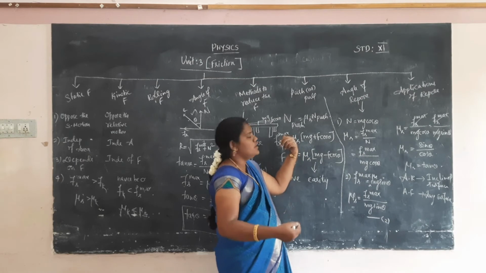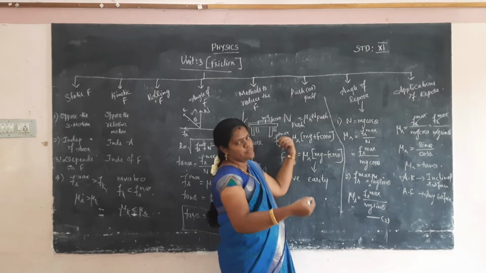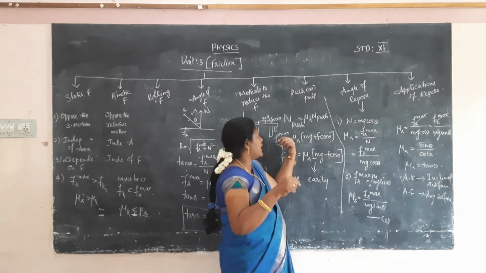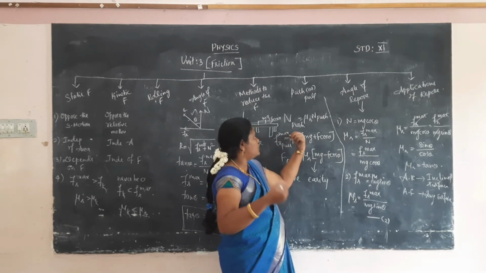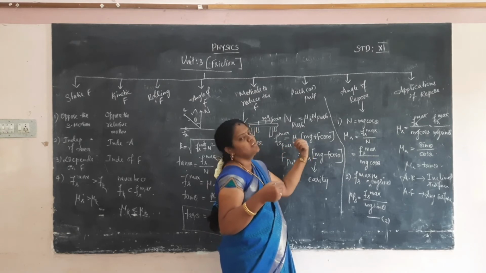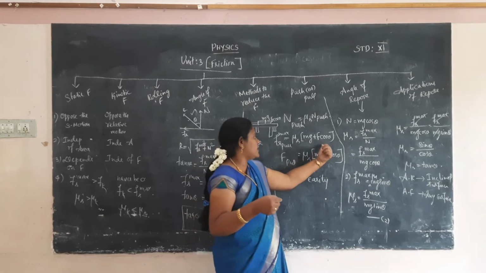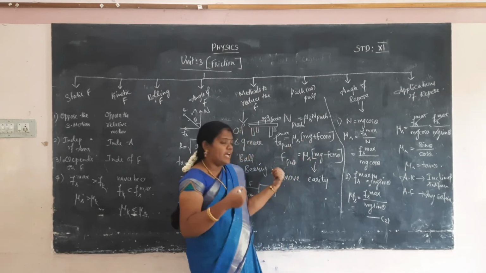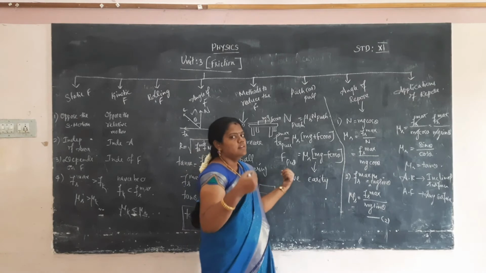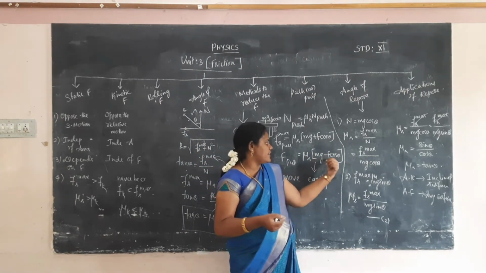For pushing, we apply force on the object, and the normal force will be equal to the weight plus the vertical component of force, that is mu s into (mg plus F cos theta). And when pulling an object, the static friction force is mu s into (mg minus F cos theta).